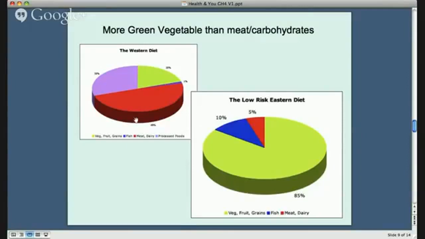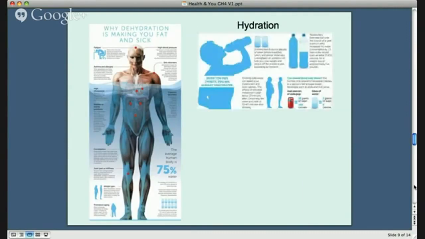Whereas the Western diet is actually a lot more meat, a lot of processed foods, and very little greens and a tiny weeny bit of fish. So you can see here in the low-risk Eastern diet, no processed foods. And that comes back to that engineered foods that I was talking about earlier, removing them.